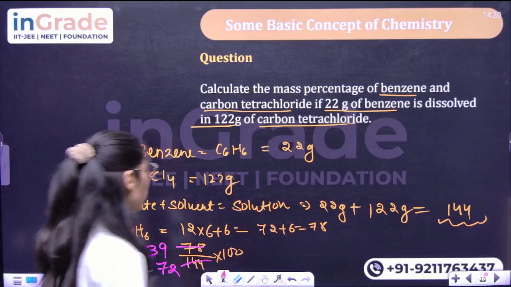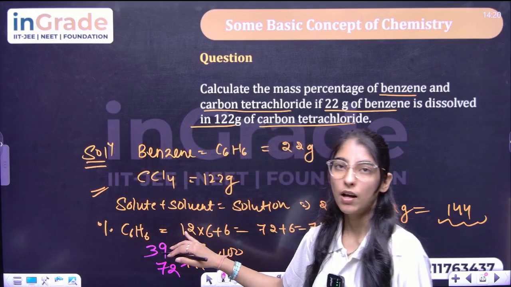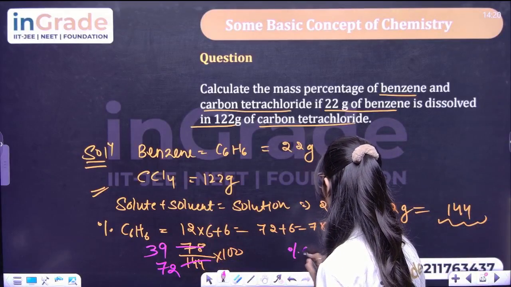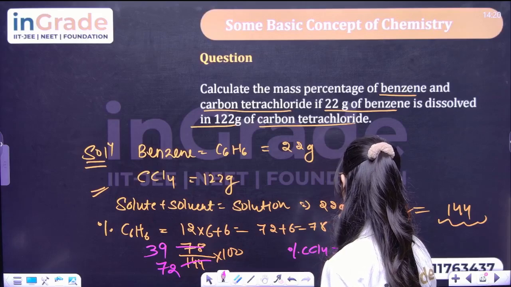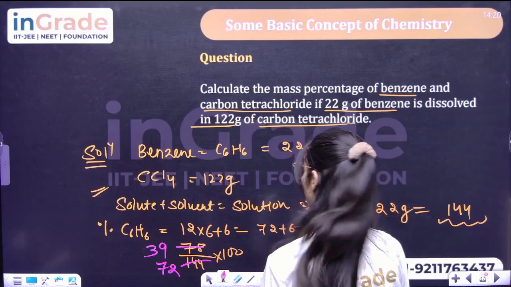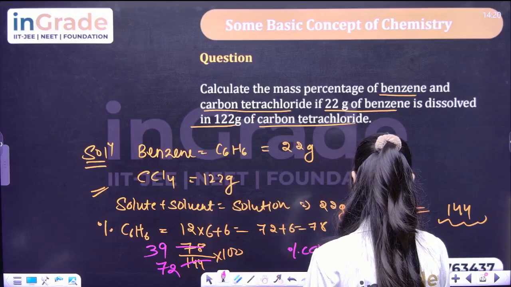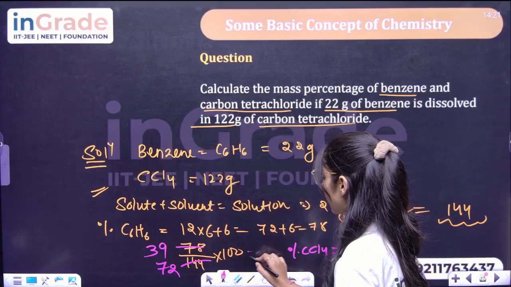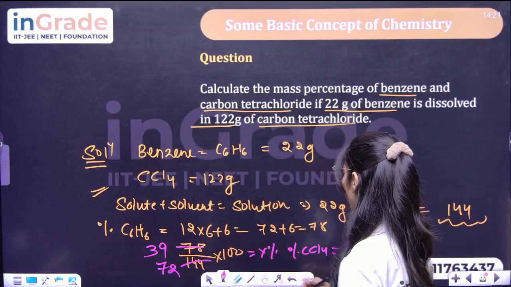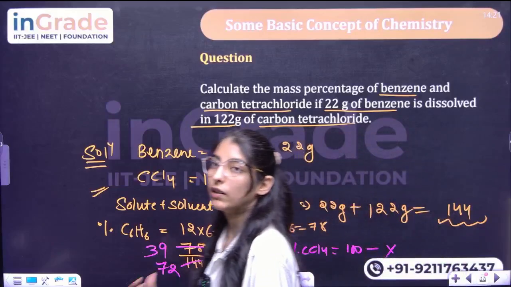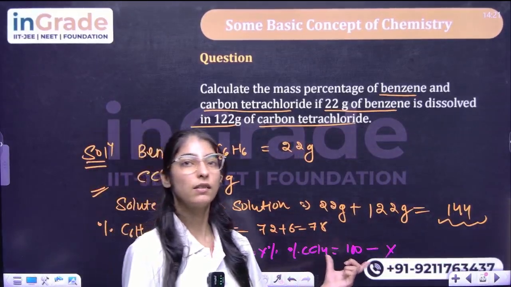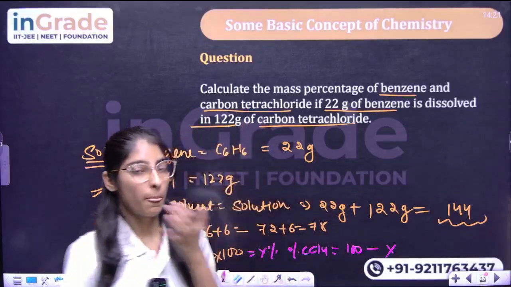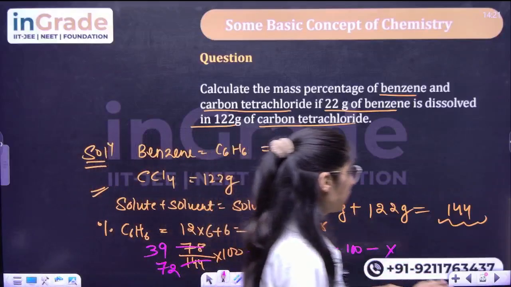After calculating the mass percentage of benzene, you can calculate the mass percentage of CCl4. That is simply subtracting the composition from 100 minus X. Let's say X percentage is coming. So just subtract it from 100, and you will get the exact solution of your question.